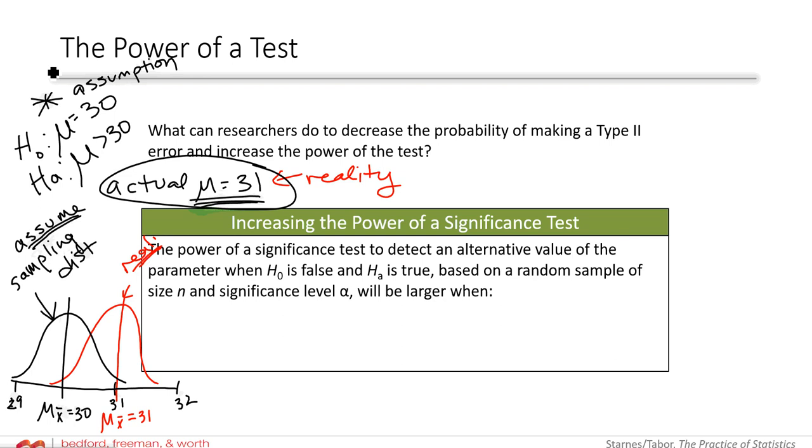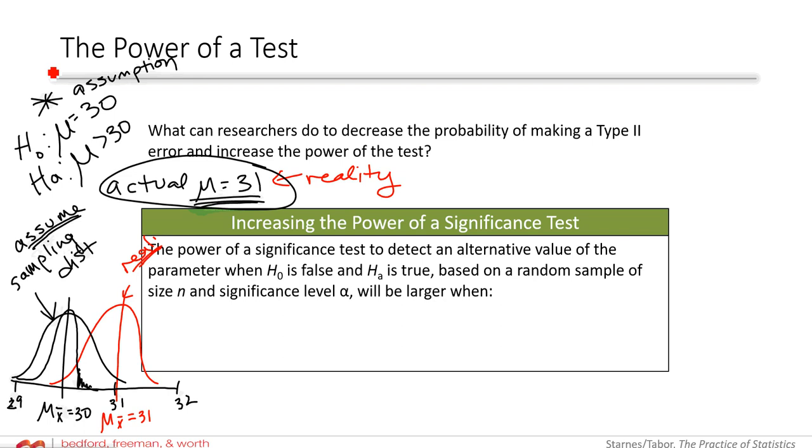So my theorized sampling distribution would actually get skinnier, right? And so I would have less tail area here and less overlap with my black theorized distribution versus my red distribution that is reality.